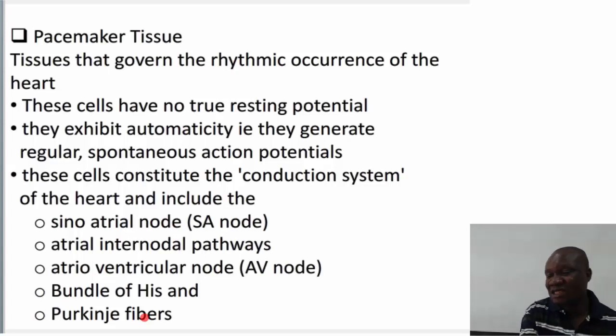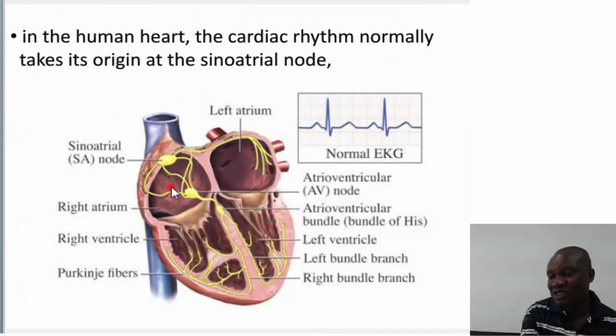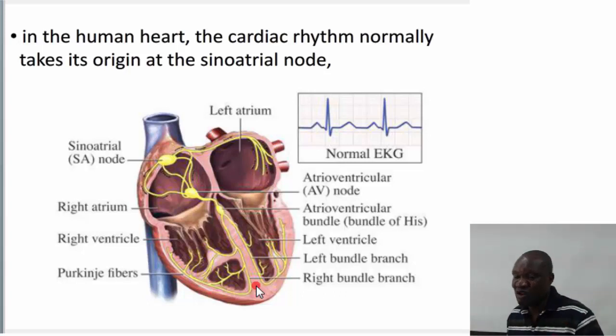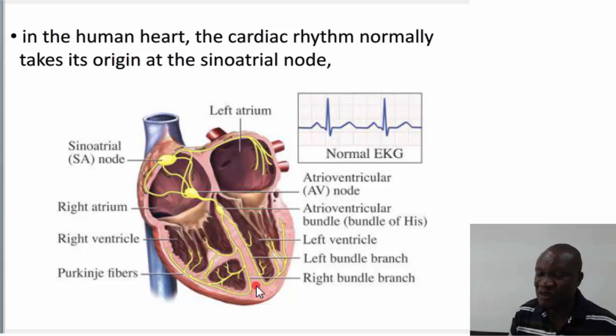Now, the conducting system is made up of the sinoatrial node, which is the pacemaker of the heart, the internodal pathways, then the atrioventricular node, then the bundle of His, then the Purkinje fibers. These are the conducting system, and they will generate action potential by themselves.